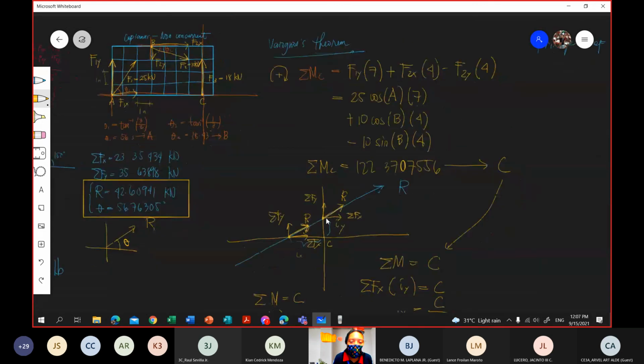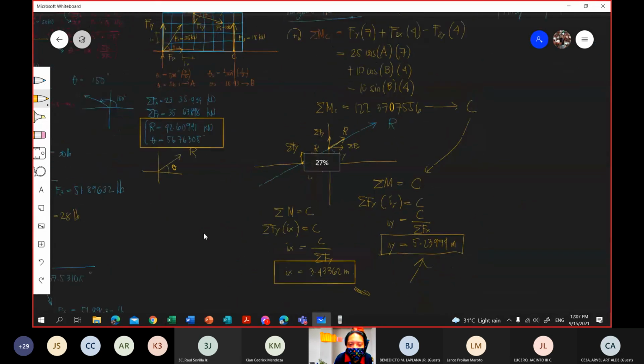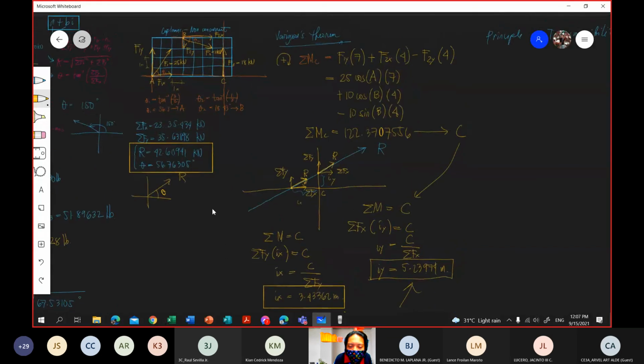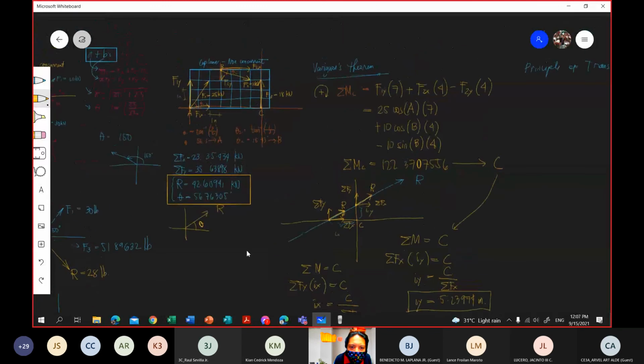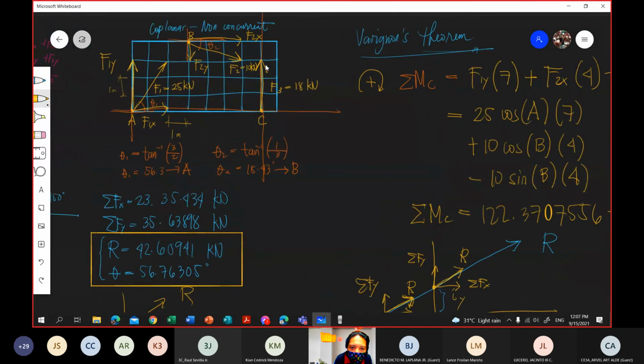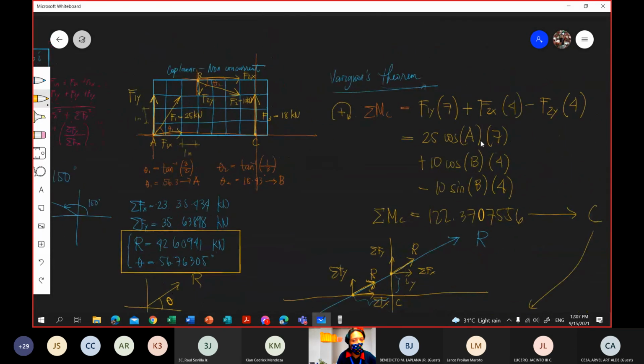So we will redo it. The sign here is the same. It should be 5.232. It should be sine A, because this is F1y. F1y is 25 sin A because the angle is here.